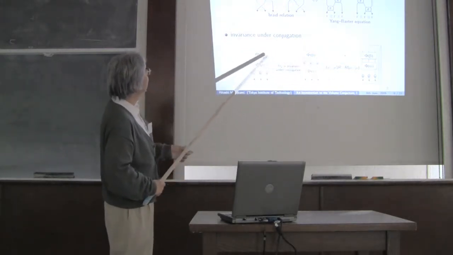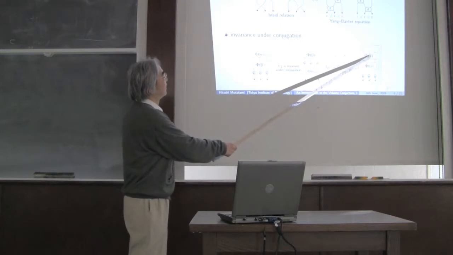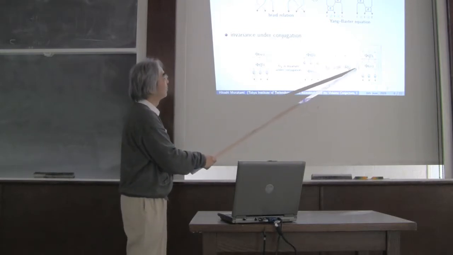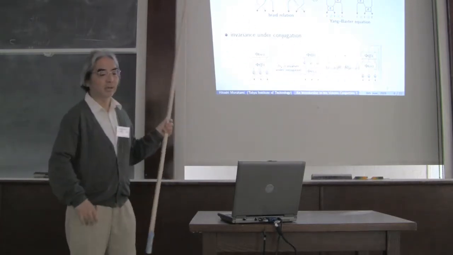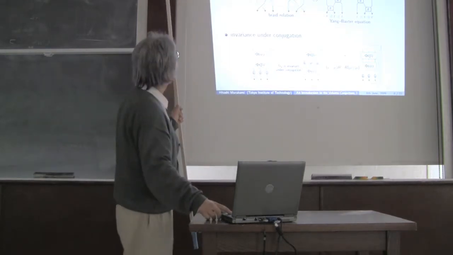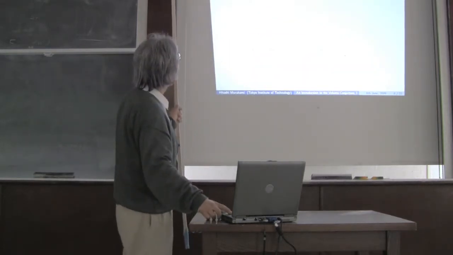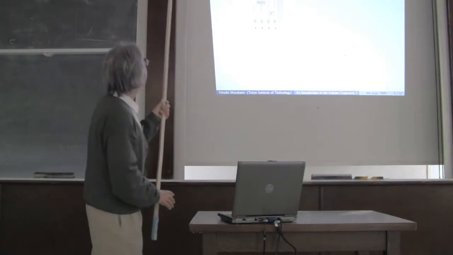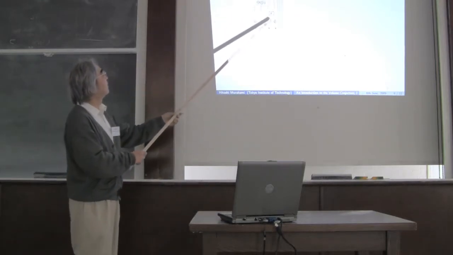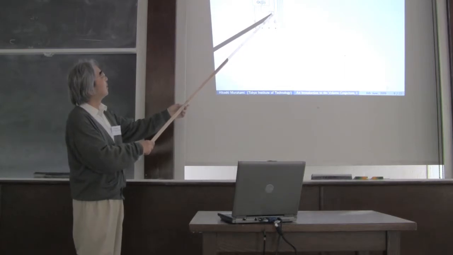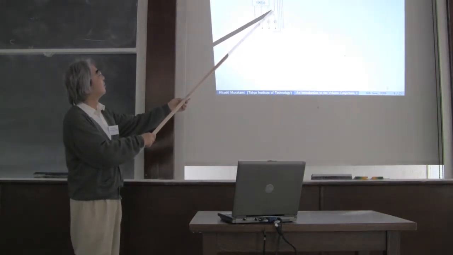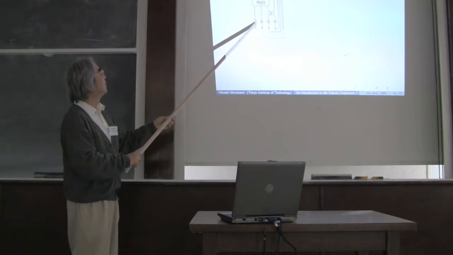And so this is just a conjugation, and finally we have to prove the invariance under stabilization. Stabilization is just adding an extra generator at the very bottom here, and we put mu's here.